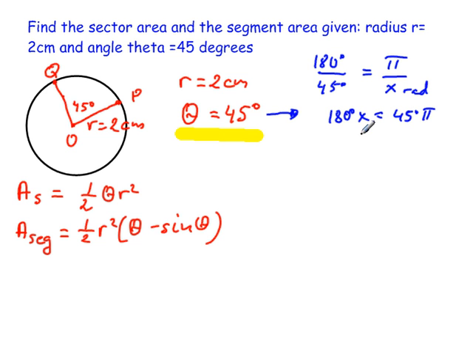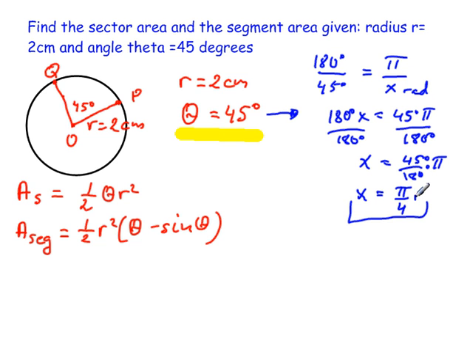Solve it for x, so divide by 180. So x is equal to 45 over 180 degrees pi. Now, can't leave it like that. Needs to simplify further. So 45 goes 4 times into 180, so this is why you get pi over 4 radians. So this is a very important step to convert the degrees into radians.